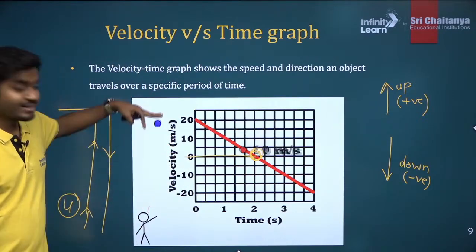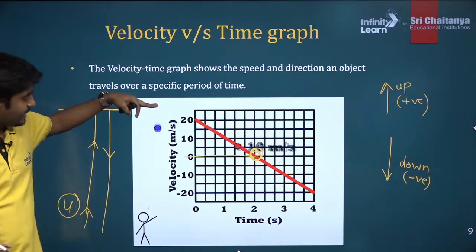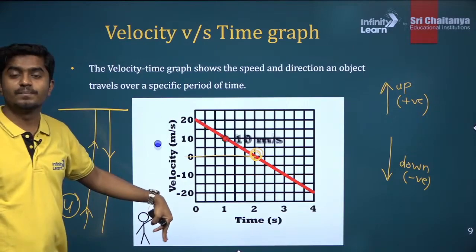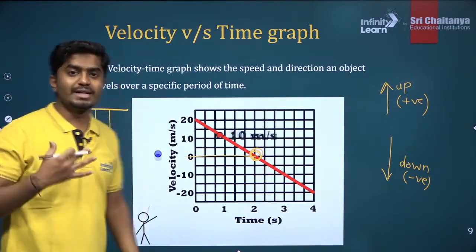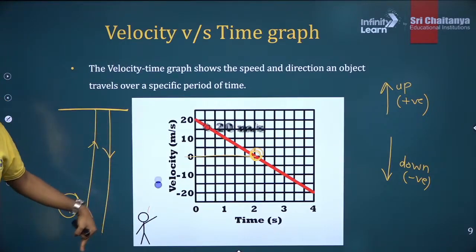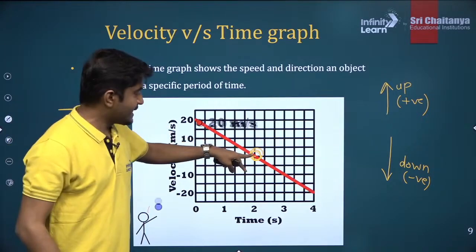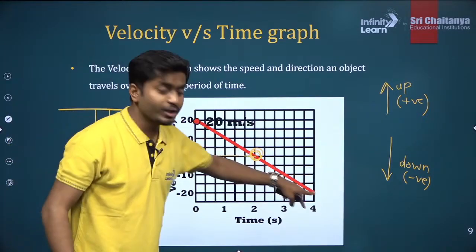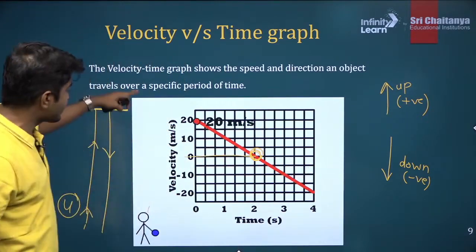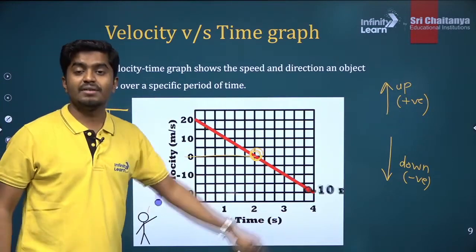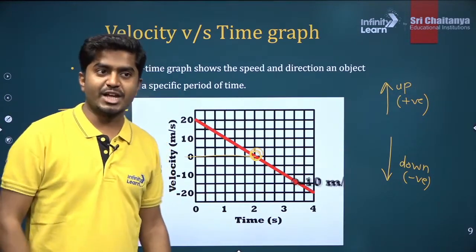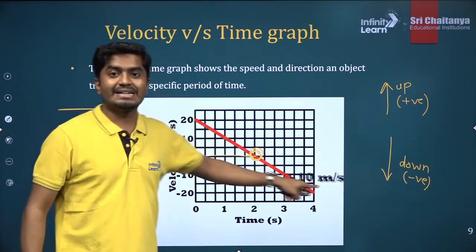Now the object starts going down. When the object starts going down, the velocity will increase in the negative direction. So it starts at 0 and keeps increasing in the negative direction. Correct? So this is how the velocity time graph will look when the object is moving in the vertical direction. So there is again a straight line.